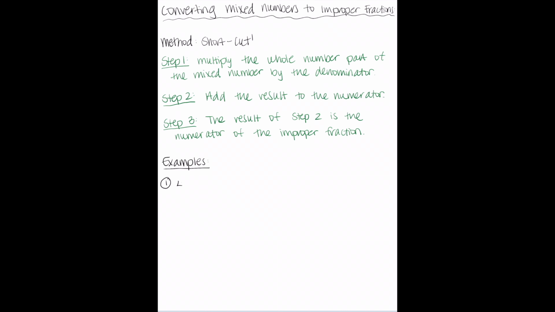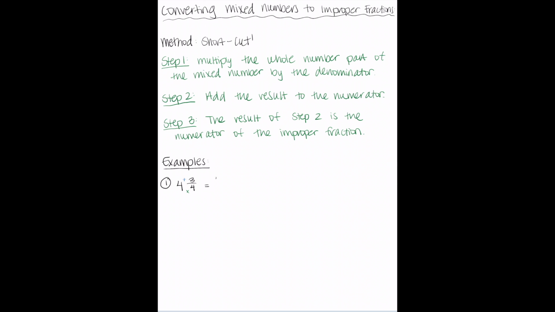So for our first example, let's start with something like 4 3/4. This is a mixed number, right? Because we have a whole number and a fraction. What we're going to do is multiply the denominator times our whole number, and then take that result and add it to our numerator.